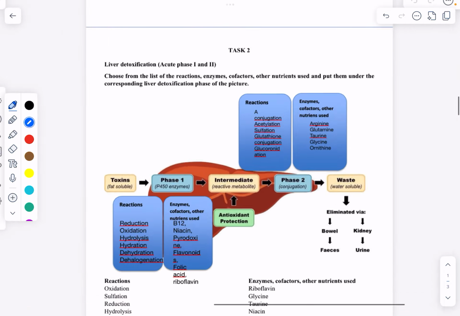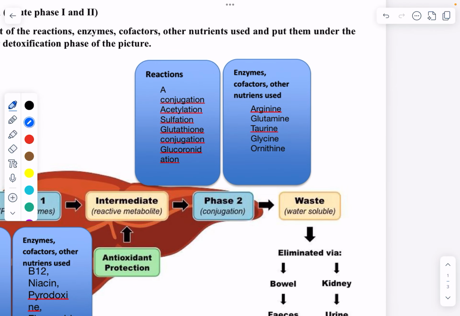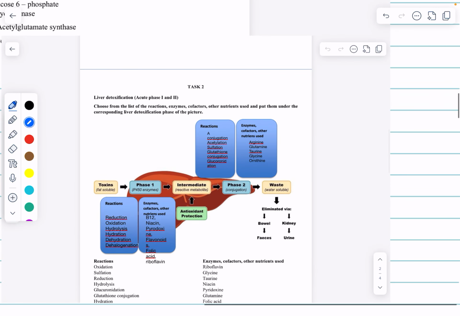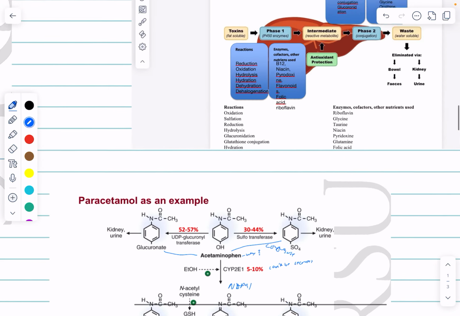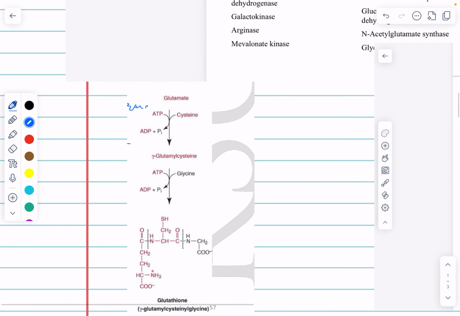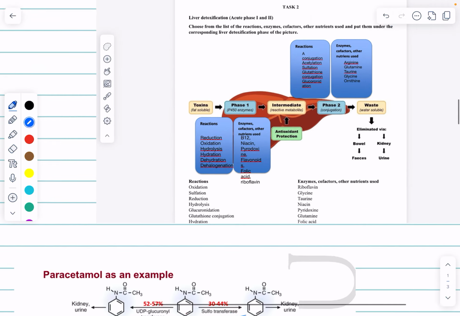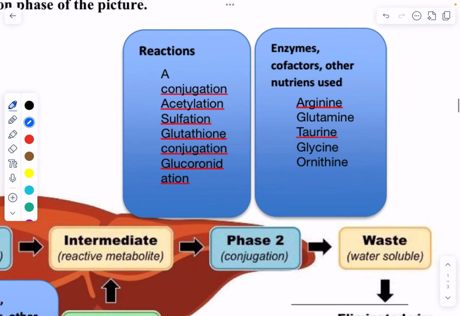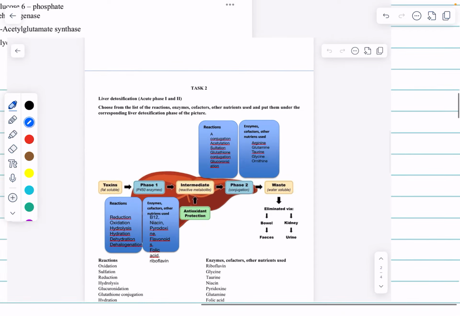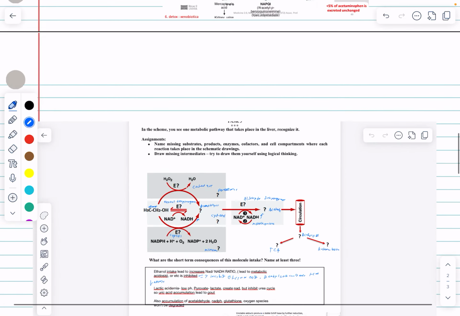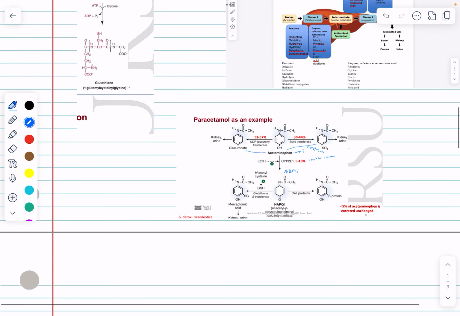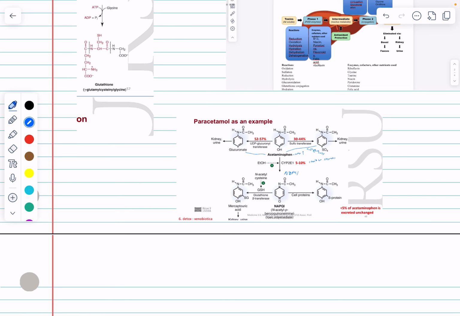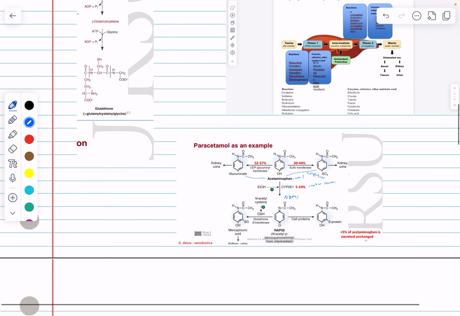And yeah, this was just to showcase why we needed, for example, glutamine and glycine, as I showed here, because we needed glutamate and glycine to create this glutathione. And this glutathione is important in the conjugation reaction. Now, I think I missed one of the pictures I wanted to show, which showcased that when this glutathione binds to the toxin, we create the most soluble form, and then we can excrete it.